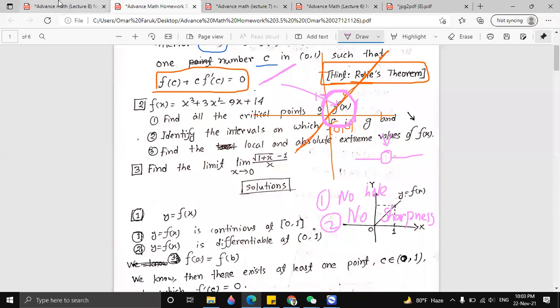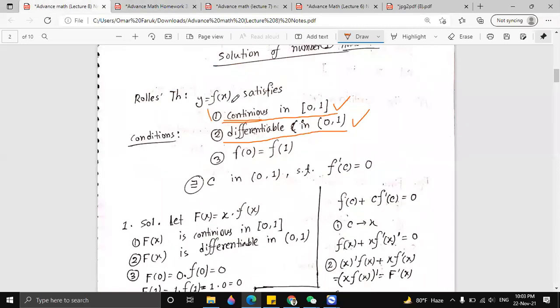So let's come back here. These 2 things mean this function is continuous and differentiable on [0, 1].